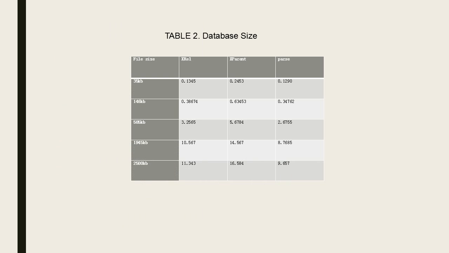And in table 2, database size, we can see the database size of using 3 different methods: char_rel, char_parents, and my method to map 5 different CHAML documents into a relational database. From the result, we get that char_rel and char_parents need more database size than my method. Because as I said in the method part, I treat CHAML file as a tree structure.